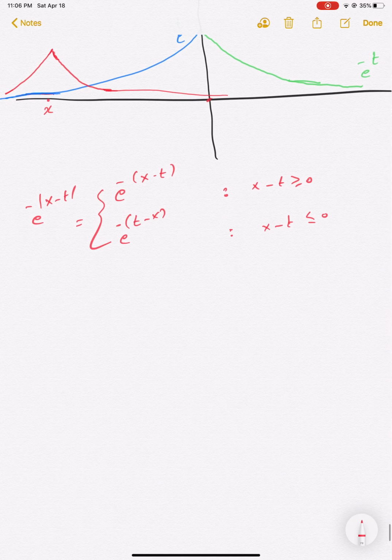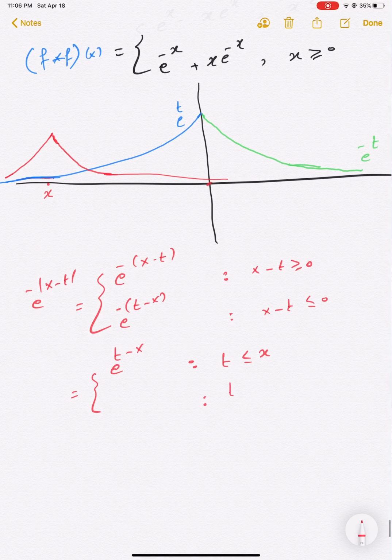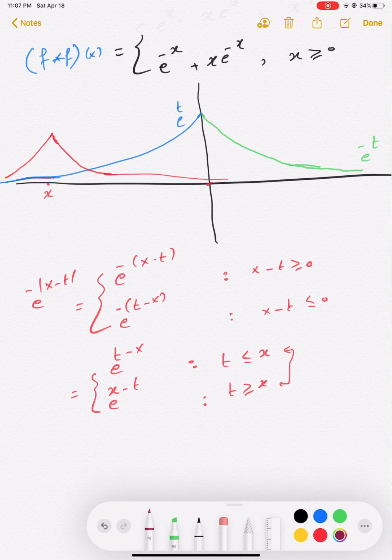So this is equal to e to the t minus x when t is less than or equal to x, and e to the x minus t when t is greater than or equal to x. This is exactly how we look at this.